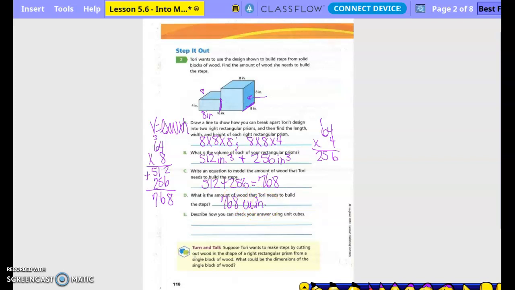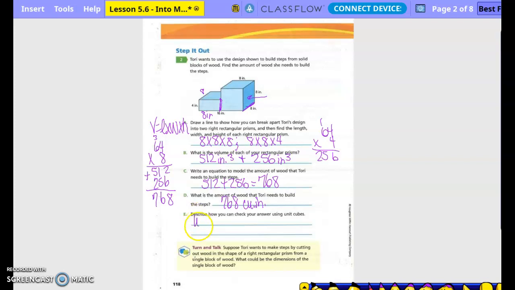Okay. Then it says describe how you can check your answer using unit cubes. So unit cubes are what? They have the same length, width, and height, right? Okay. So in this case, and they're all in a unit of 1, right? But what measurement are we going with? Inches, right? Okay.